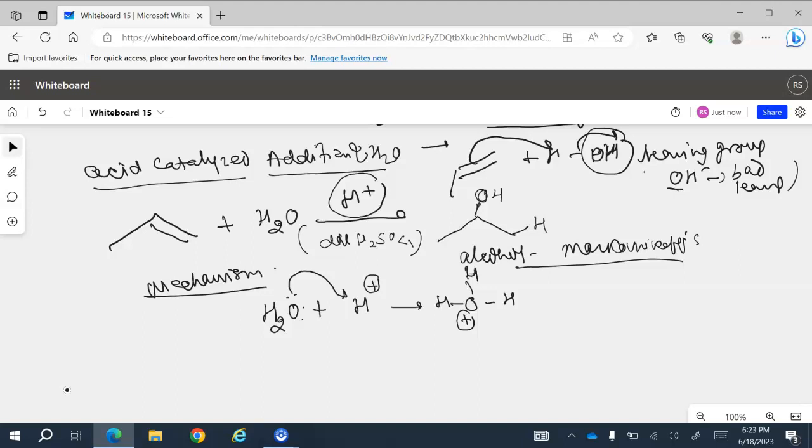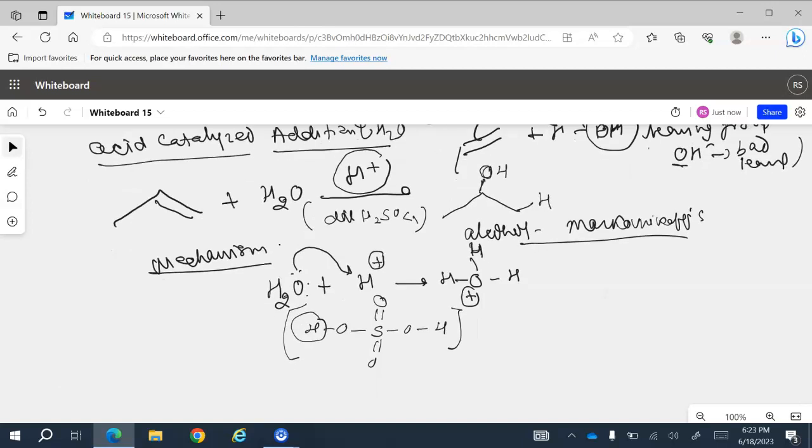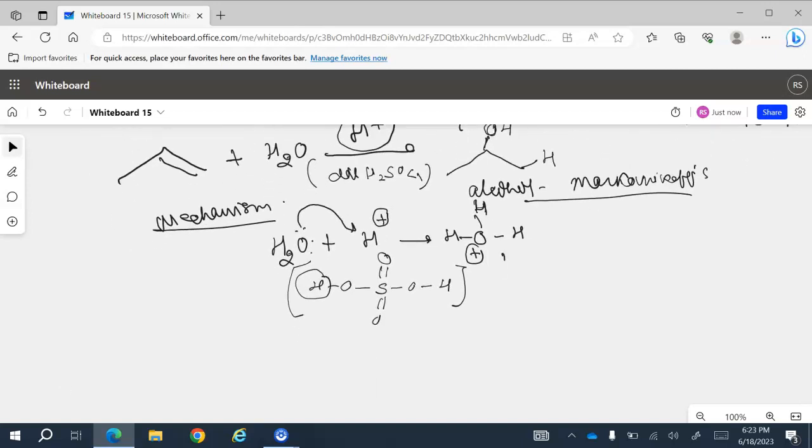By the way, this H plus you can get from sulfuric acid, which has the Lewis structure something like this, OH and OH, and this is the proton that will transfer as H plus. So either we present it this way or as H plus, that should be fine. In this way, we generate the hydronium ion.